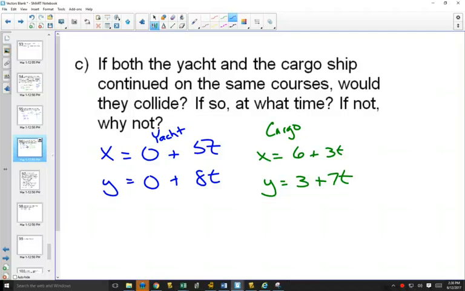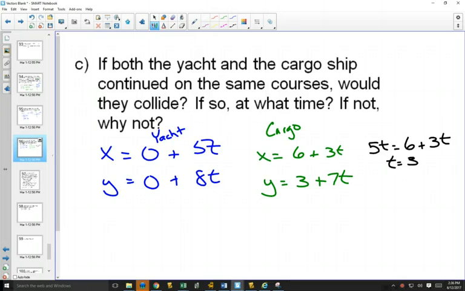There's only one variable here because time is time, whereas with some of the other ones, when we tried to find them intersecting, we had two variables, a parameter of t and a parameter of s. Now time is time, so there's only one variable. If we equate the first ones, 5t equals 6 plus 3t, solving for this we get t equals 3.